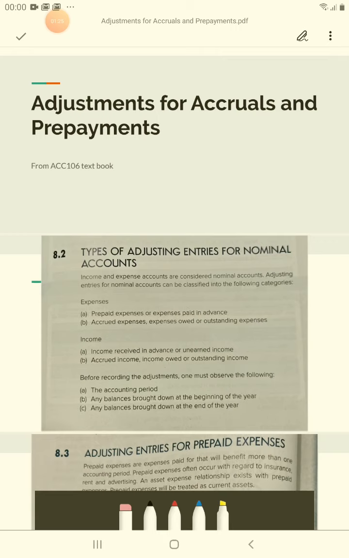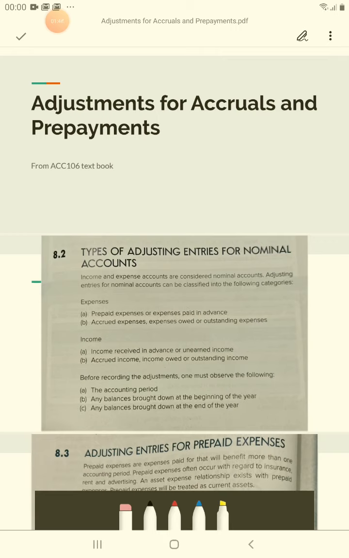Basically, for prepaid expenses and accrued expenses, prepaid expenses are expenses that we paid for more than one accounting period. For example, the accounting period ends on 31st December, but we pay the rent for 1st January in the next accounting period.